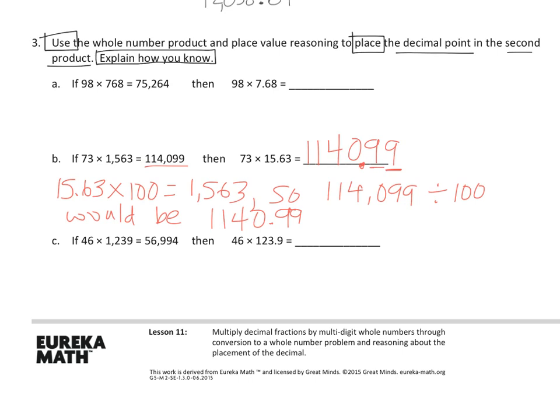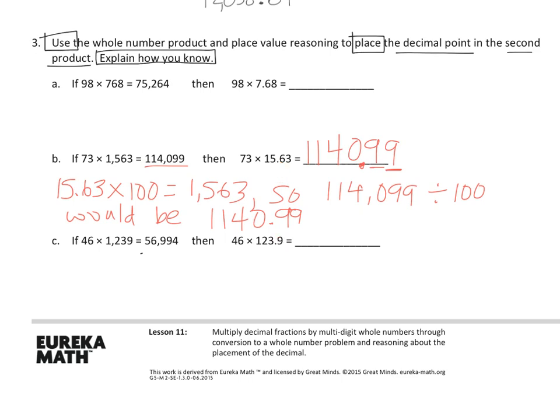Now let's look at 3C. Same thing. If 46 times 1,239 is this product, they want to know what happens when you have 46 times 123 and 9 tenths. So this is out of tenths, not the hundredths, so we change place value right here.